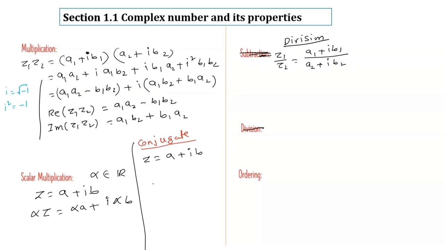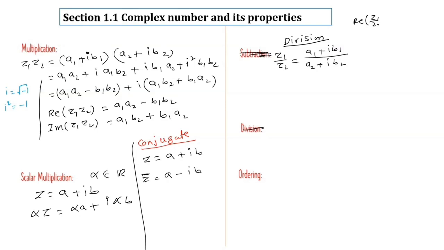So if we have the complex number, let's say z is equal a plus iota b, then z conjugate, we denote it as z bar, is equal a minus iota b. So here the sign before the imaginary part will change. If it is a minus iota b, then it will be a plus iota b, vice versa.